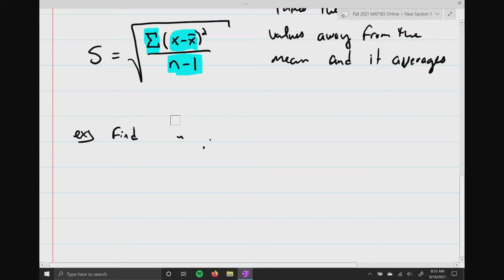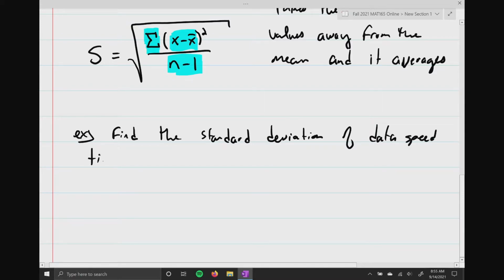Let's find the standard deviation of data speeds times listed below.